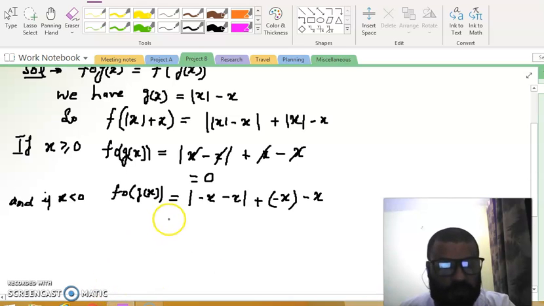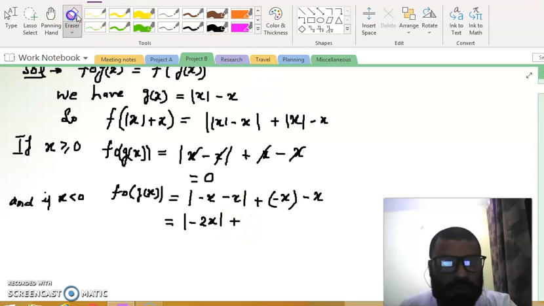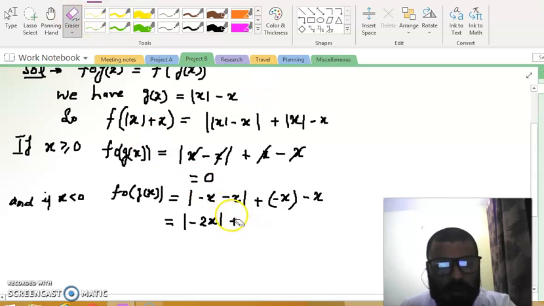So this comes out to be negative 2x in the mod sign, since negative x and negative x gives you negative 2x. Remove this positive sign from here, it's not required.